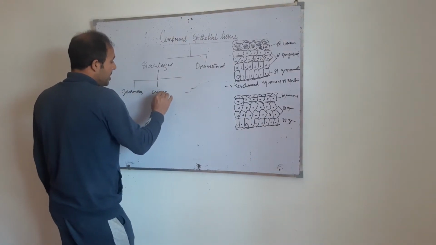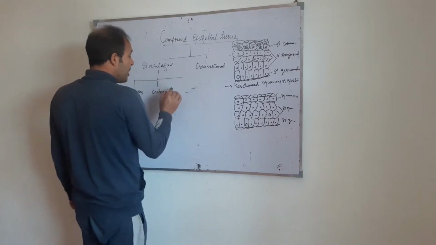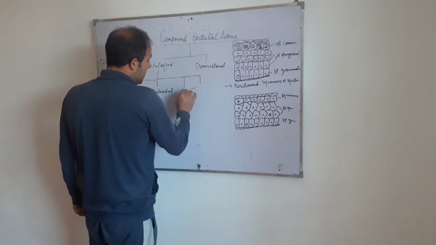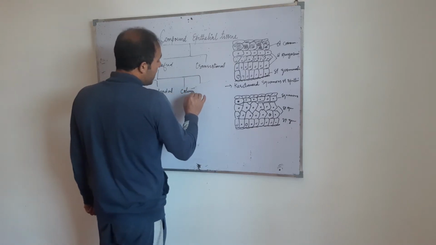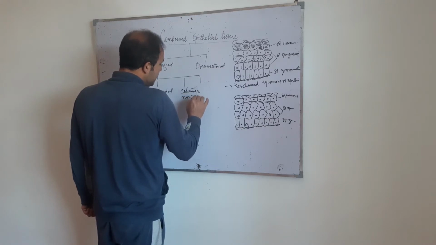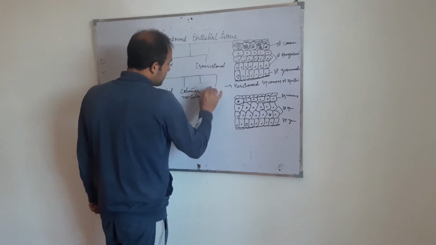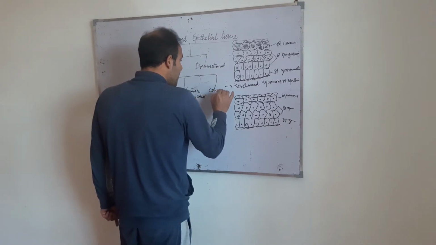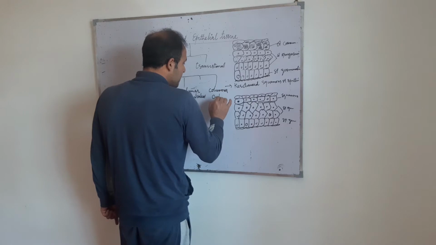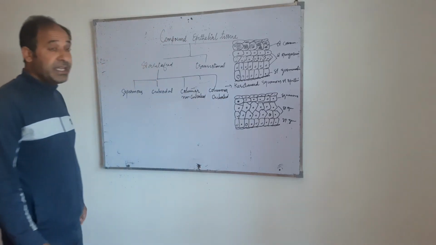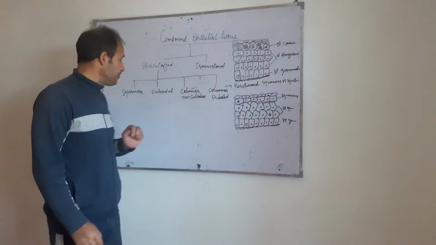If the upper layer is cuboidal or cubical, it is cuboidal. It may be columnar non-ciliated, and lastly it might be columnar ciliated, if cilia are present.